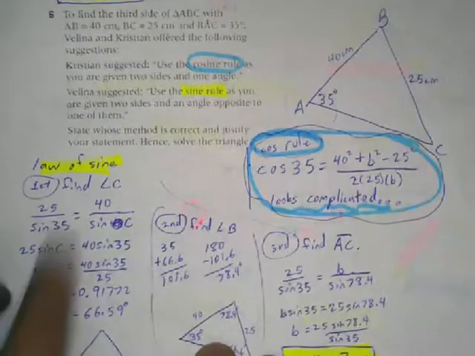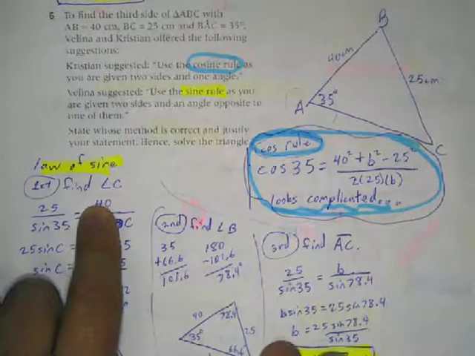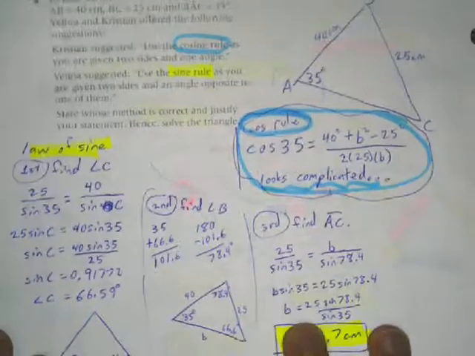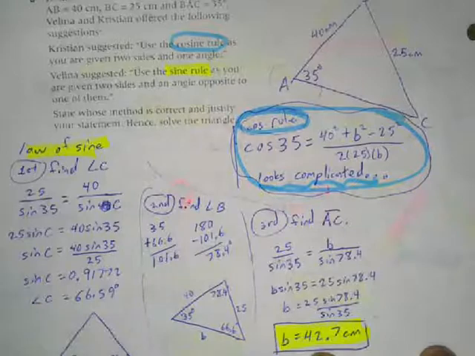So another way I could do this is I could find angle C, and so if I'm finding angle C, we could write up our ratios.